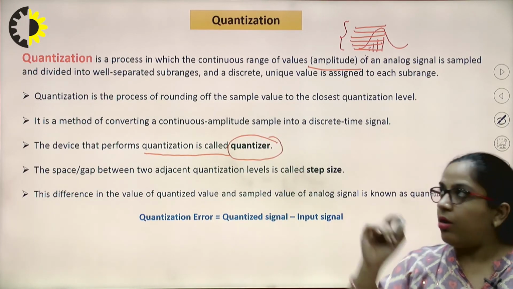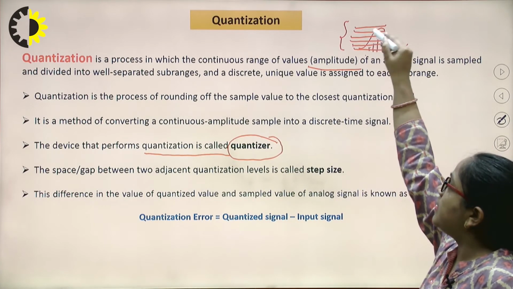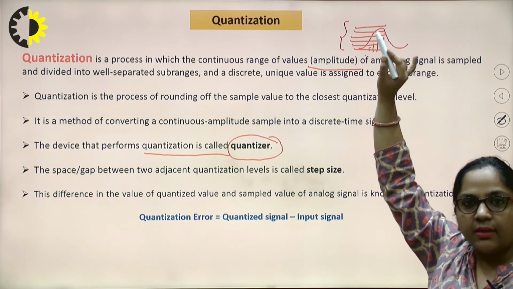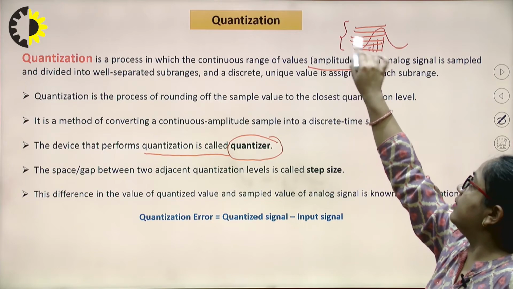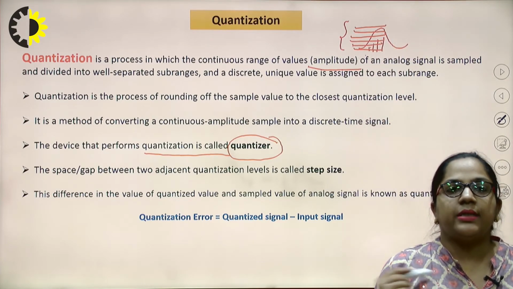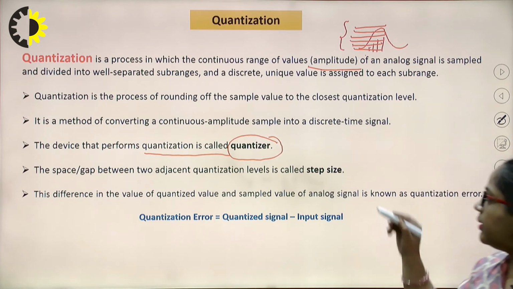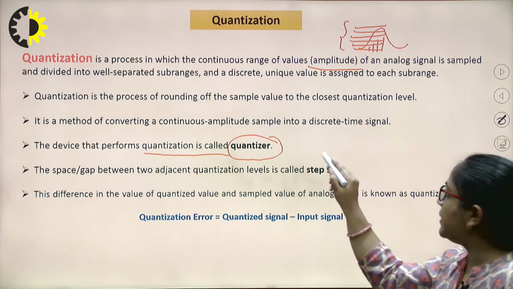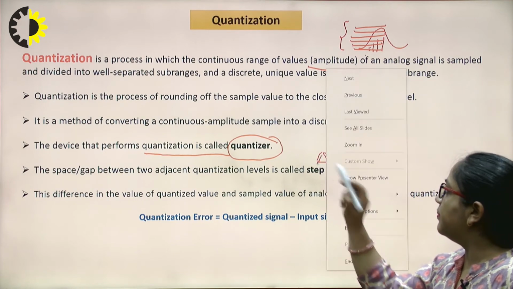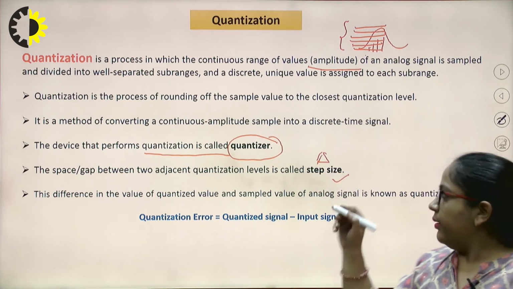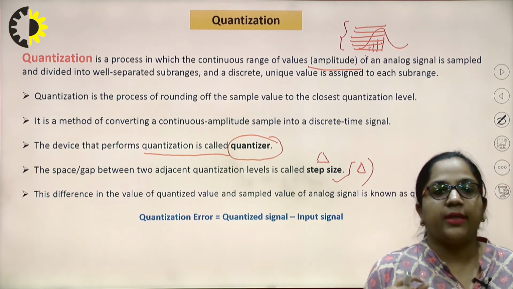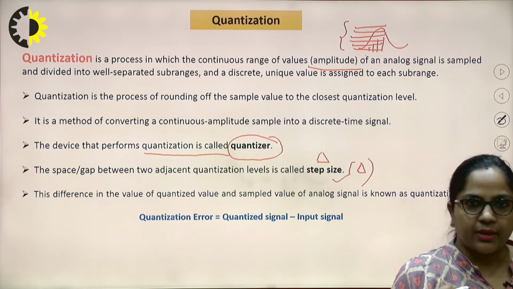The space or the gap between the levels that we are assigning in the amplitude axis of the signal, the gap between two adjacent quantization levels, is called step size. We represent a step size with the symbol delta. So what is a step size? A step size is the space or the gap between two adjacent quantization levels.